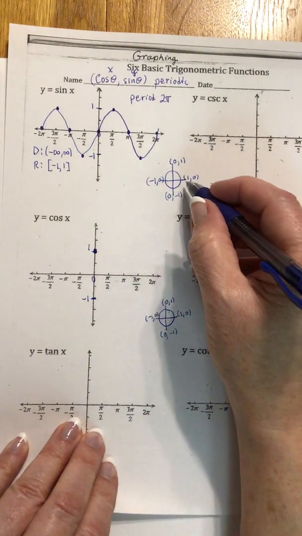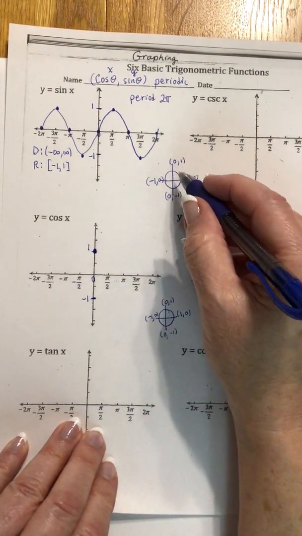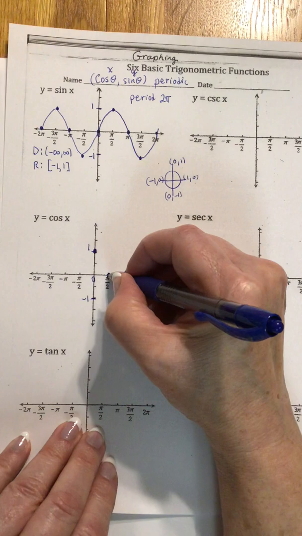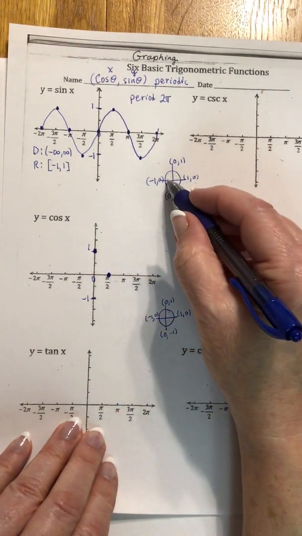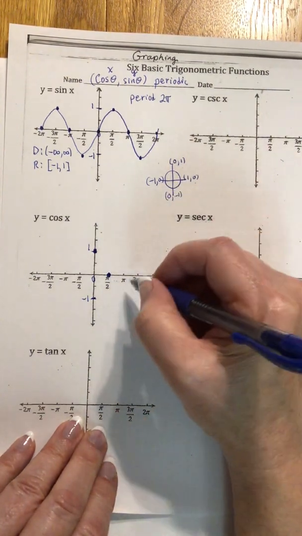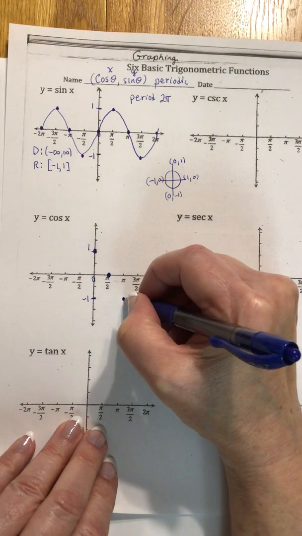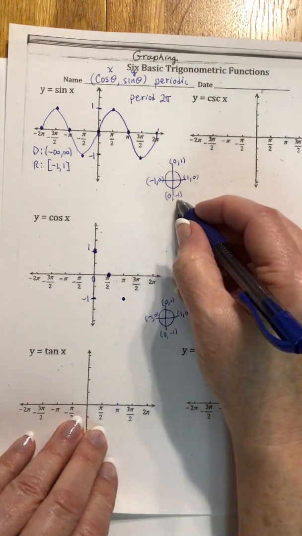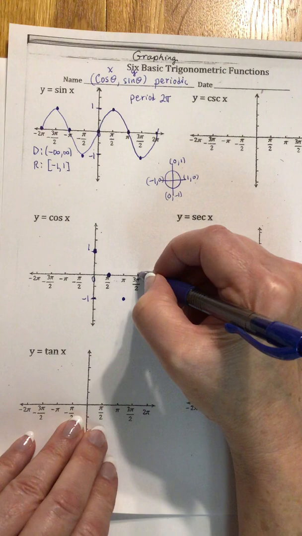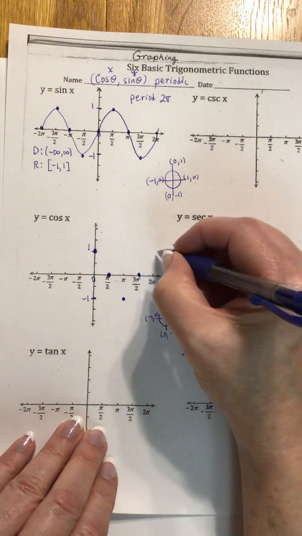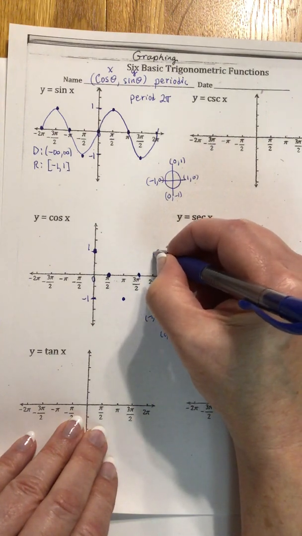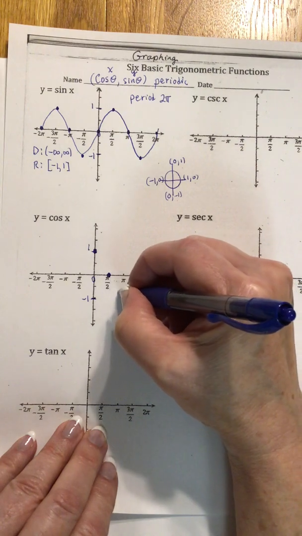Pi over 2, cosine is the x value, so we pick off 0. Pi, cosine is the x value, so I have negative 1. 3 pi over 2, cosine is the x value, so I have 0. And 2 pi is back up to 1 again. So I have a curve that looks something like this.